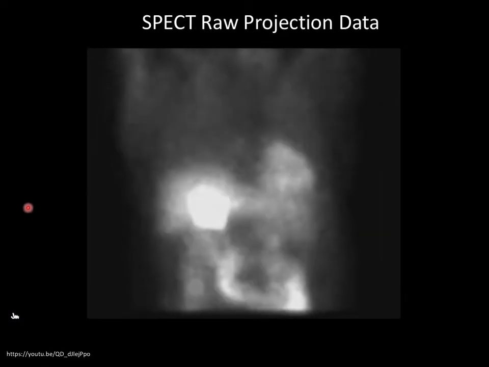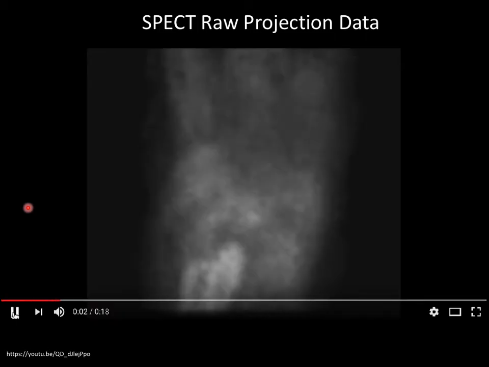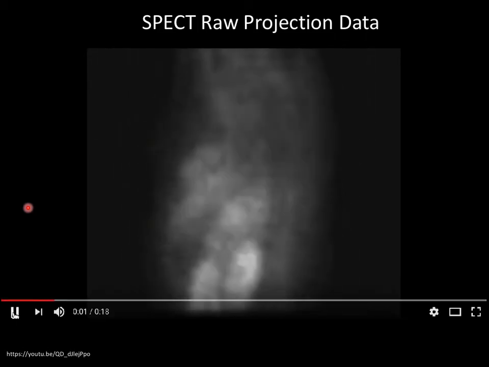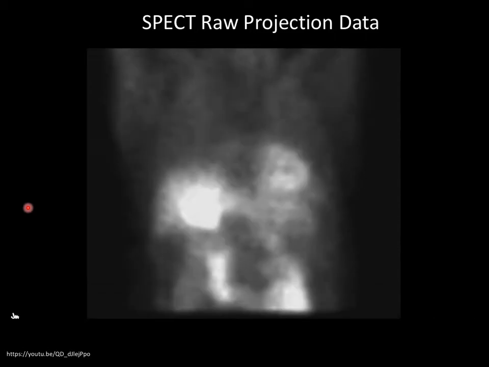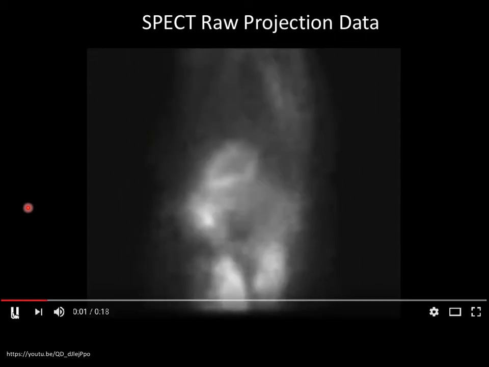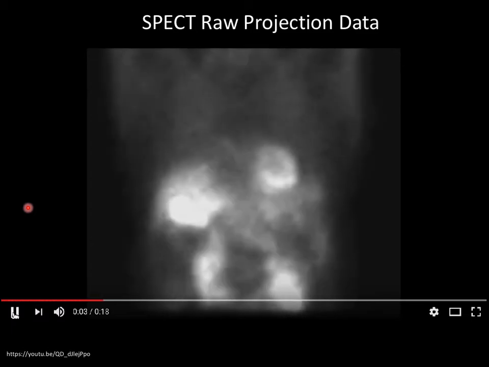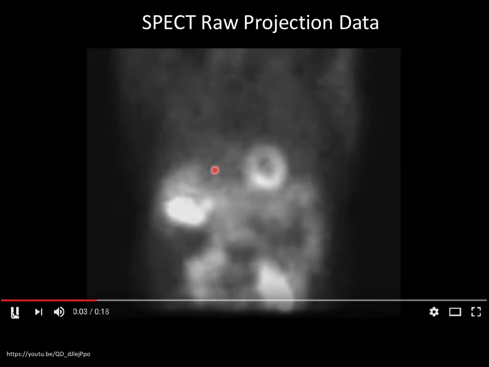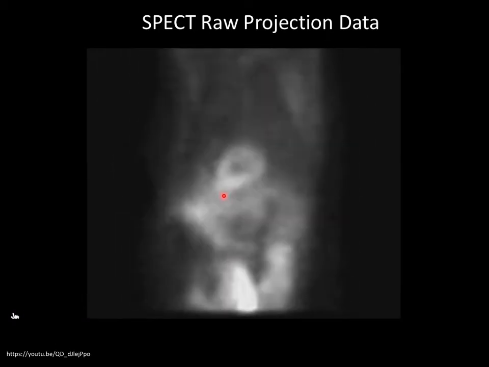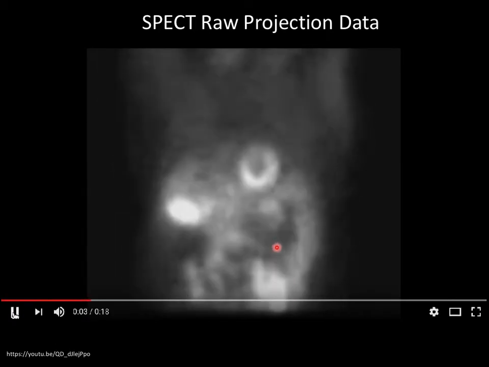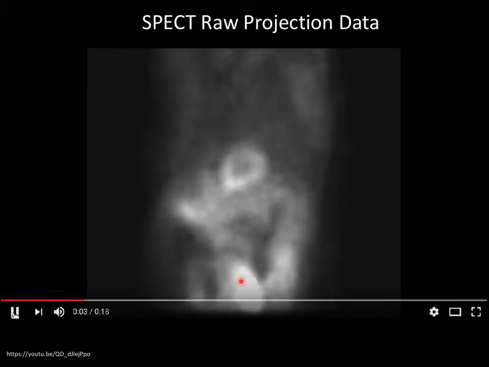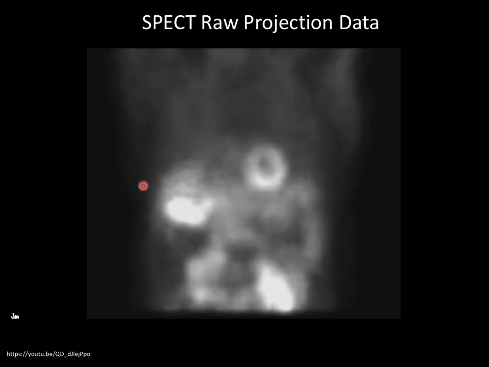So here, this is what raw data looks like. Each one of these angles that we're showing here is assumed to be a direct projection through the patient at that angle theta. You can see there's the heart there. This is probably kidneys down here, and this is probably liver right here.